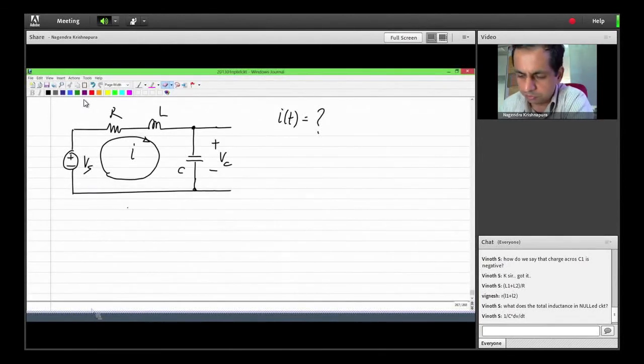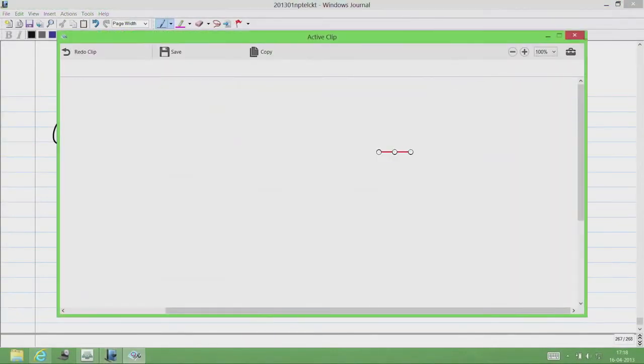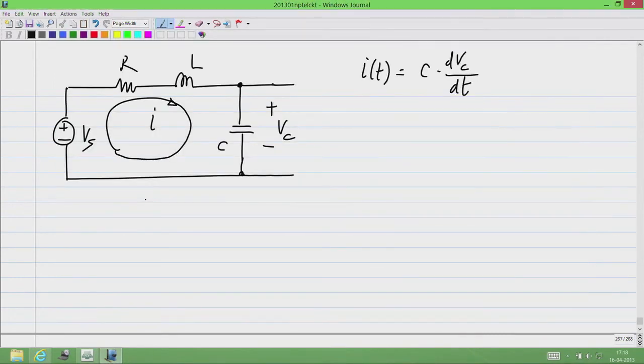I of t would be C dVc by dt. Okay, because this I is nothing but the current flowing through the capacitor as well. So, it is C times dVc by dt.